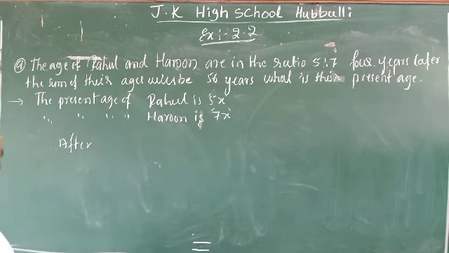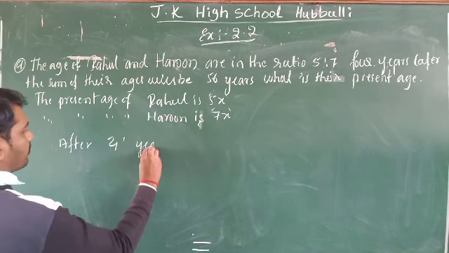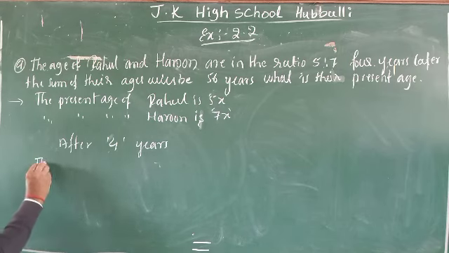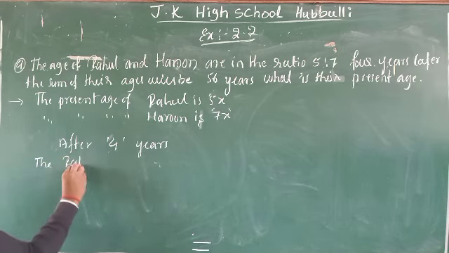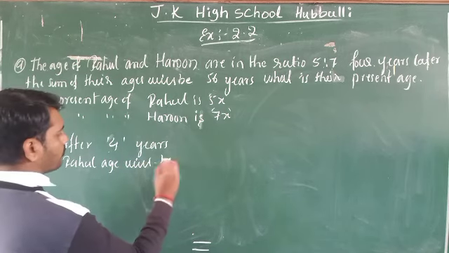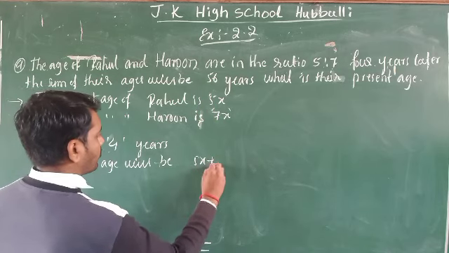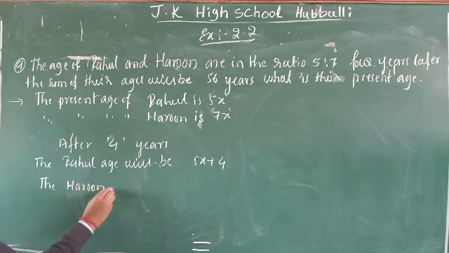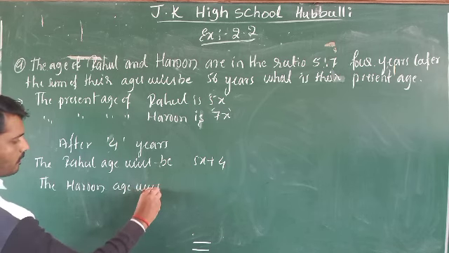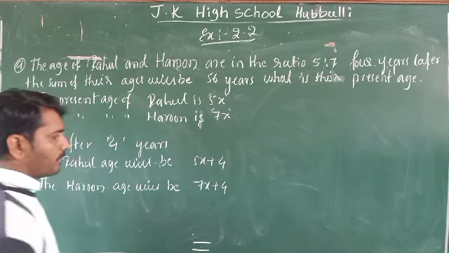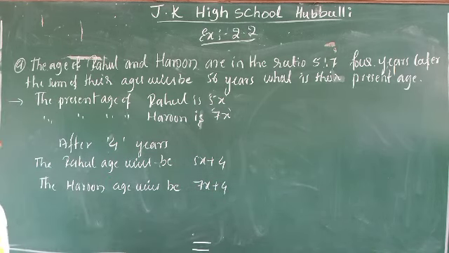After 4 years, the Rahul age will be how much? 5x plus 4. The Harun age will be 7x plus 4, which means add 4 to their present ages.